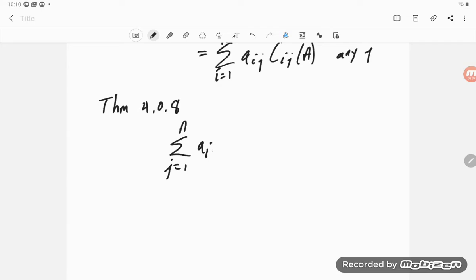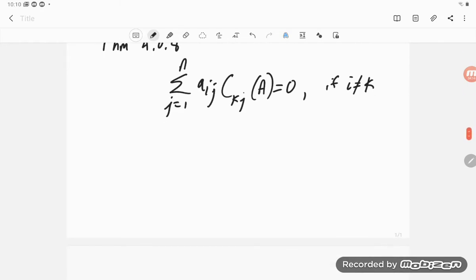We take a_ij, okay, so we've picked row i, but if we use a cofactor that is not the right one, in other words, C_kj of A, so we keep row i, but we throw out a different row. And so this will be equal to 0, and this is if i is not equal to k.